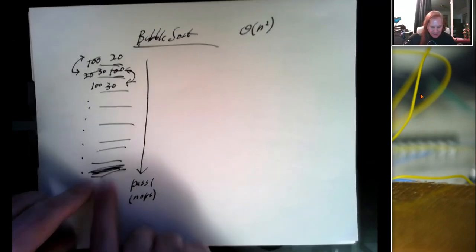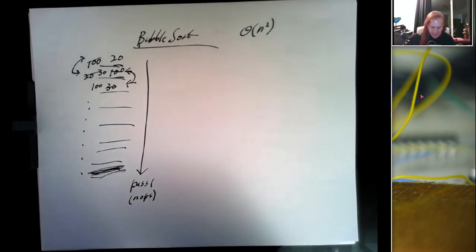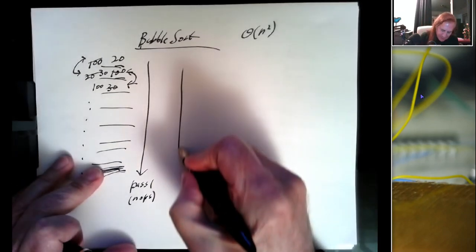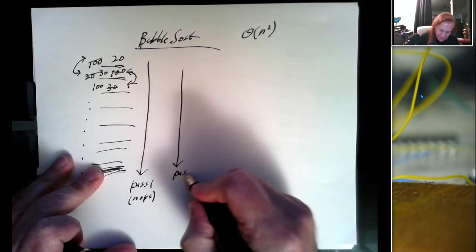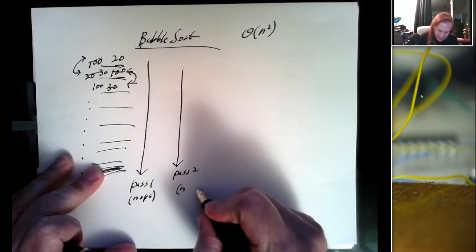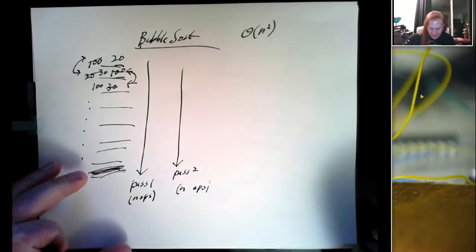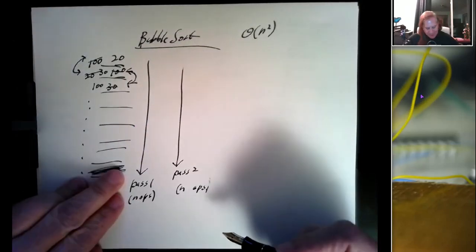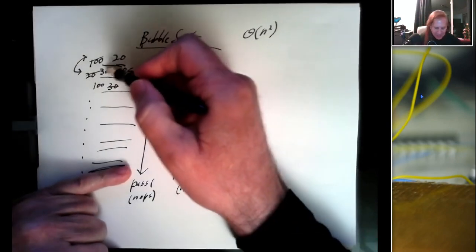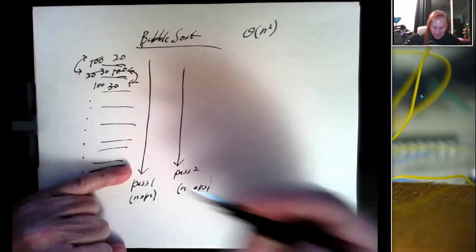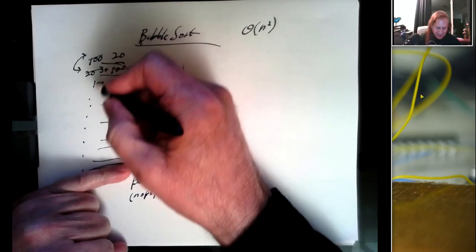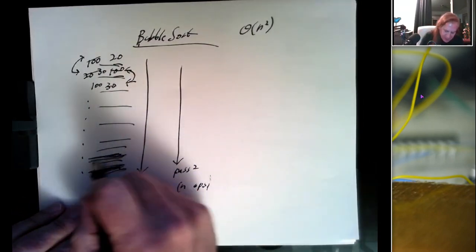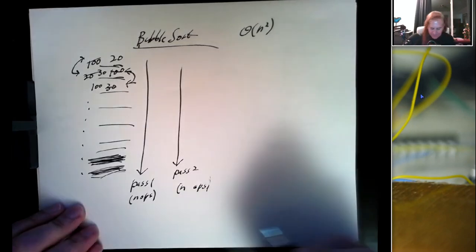That's this number here. So now we're going to repeat, and we're going to make a second pass, and that's also going to be n operations. And when we do that, we know that the largest number is already down here in the bottom, so if we just look at this upper set of numbers, this second pass should take the largest number from here and bring it down to the bottom, which means this number is now going to be in the right spot.